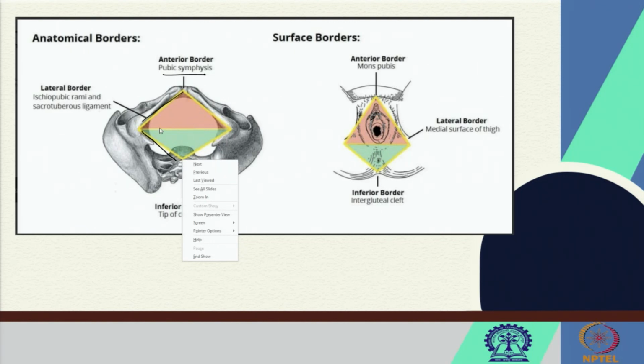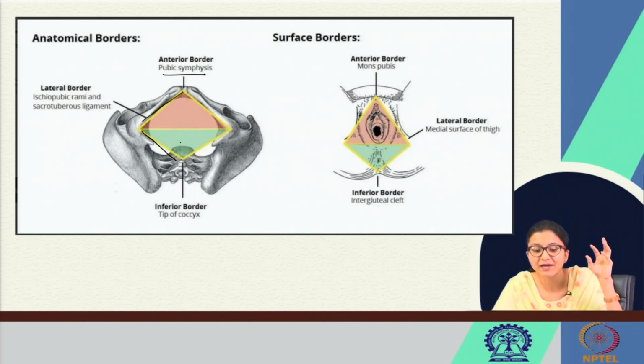Perineum and vulva, these two are different entities. Vulva or the external genitalia, what I have told previously, is bounded by the mons pubis, posteriorly the anal opening and laterally the genitocrural folds. And perineum is that part which is bounded by the symphysis pubis anteriorly, the ischial tuberosities laterally, and behind is the tip of the coccyx.